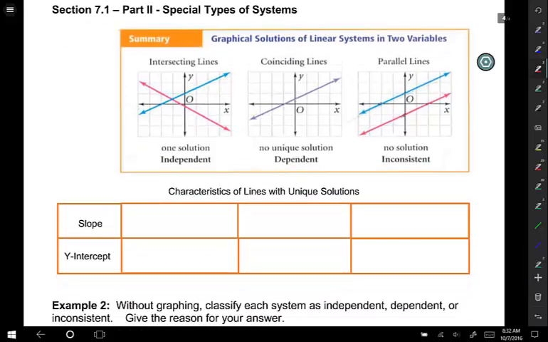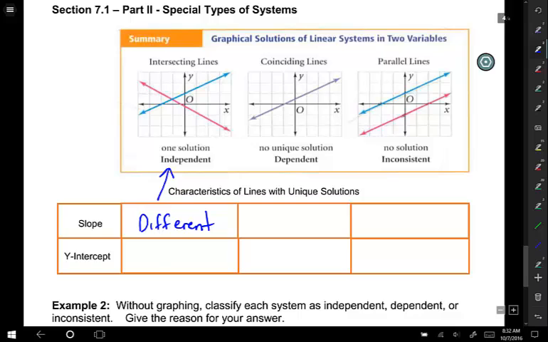So here we have our 3 situations. We've kind of done them so far. First intersection is called independent, and it's when you have one solution. So let's write the characteristics of an independent situation. All right, the slope is different, and the y-intercept may be different.